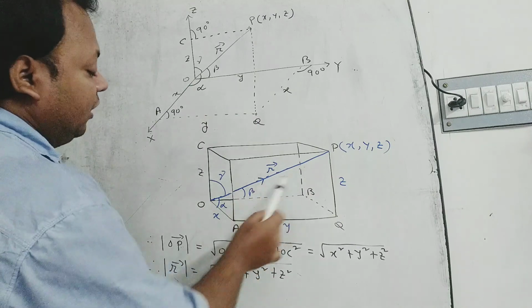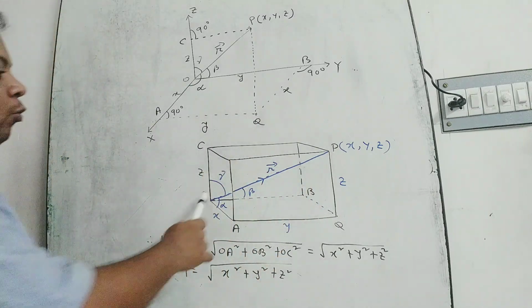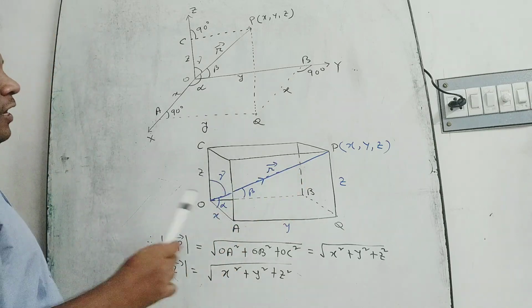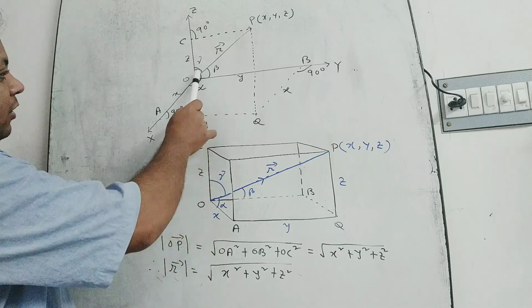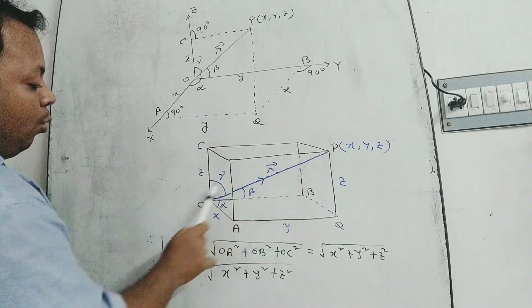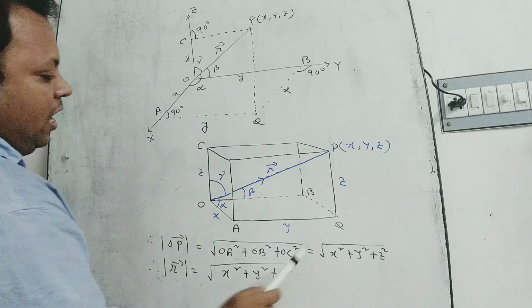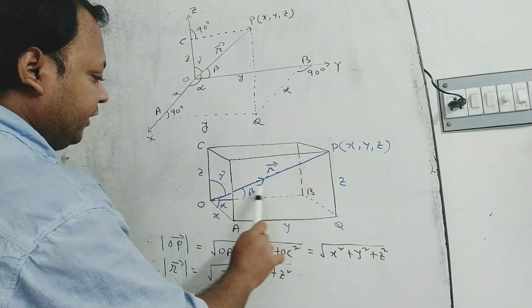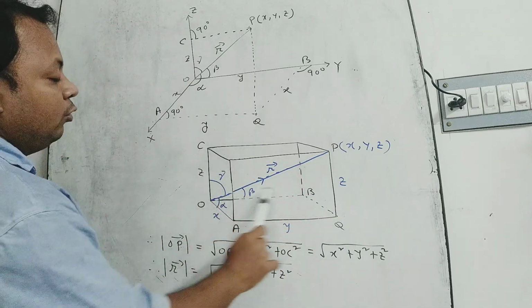Here r is the position vector of the point P. Now OP makes angle alpha with the x-axis, that is angle POA is equal to alpha. Angle POB is equal to beta, that is OP makes angle beta with the positive y-axis.